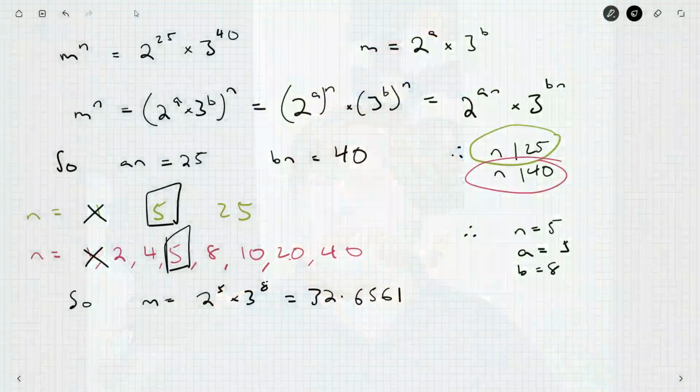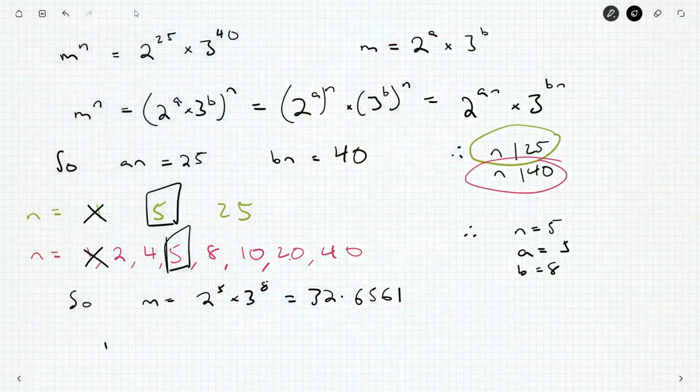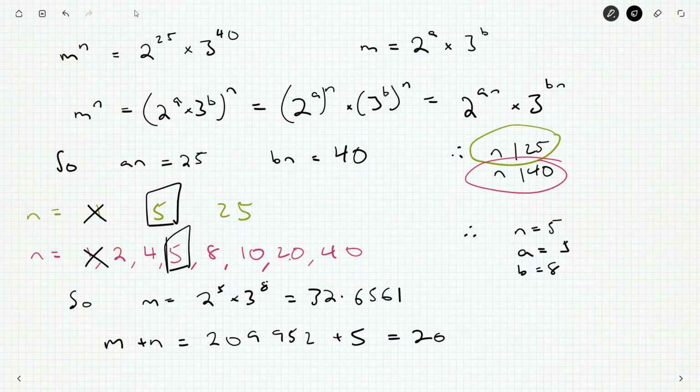So we want m plus n: 209,952 plus 5 is 209,957. And hopefully that's one of the answers.